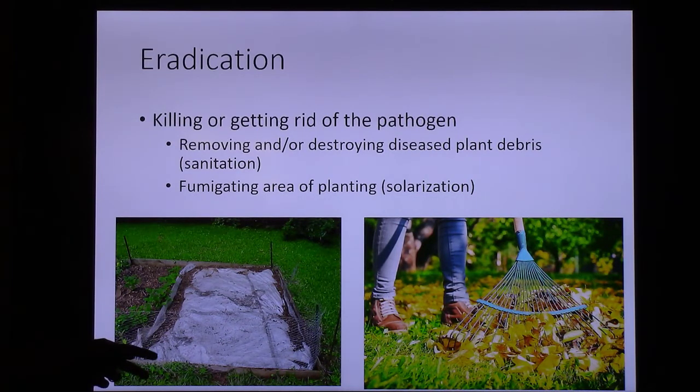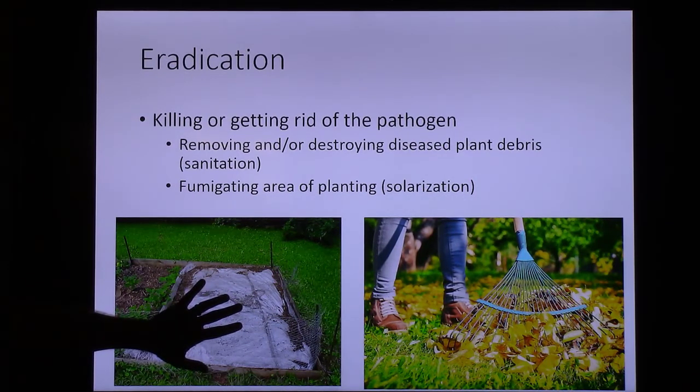One thing we don't think a lot of is actually fumigating the area that we're going to be planting in. Now, whenever we talk about fumigating, we immediately think of chemicals. But it doesn't have to be chemical. We can solarize the soil. If we've got an area that we know has a disease problem, we can take clear plastic, not black plastic, but clear plastic, put it over that area and put some rocks or soil around the edges.